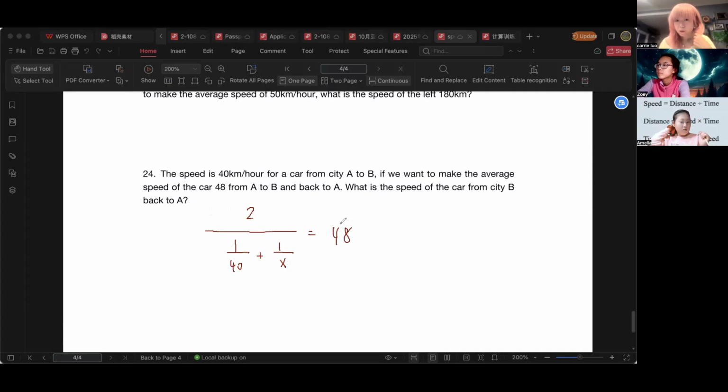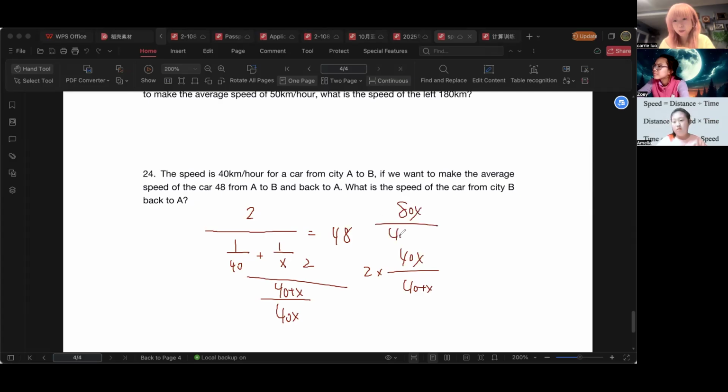Okay, so we can just use this way. So 40x equals 40 plus x and 2 over that. So 2 times 40 plus x and 40x. So it's 80x over 40 plus x equals 48 over 1. You can just do cross multiplication.